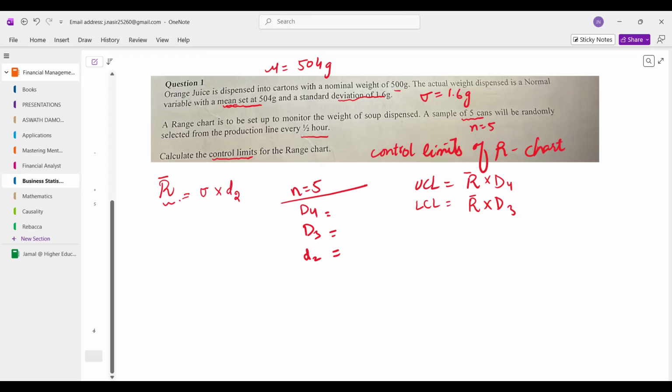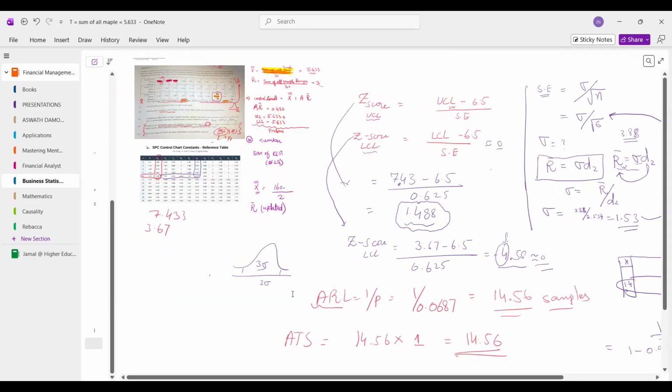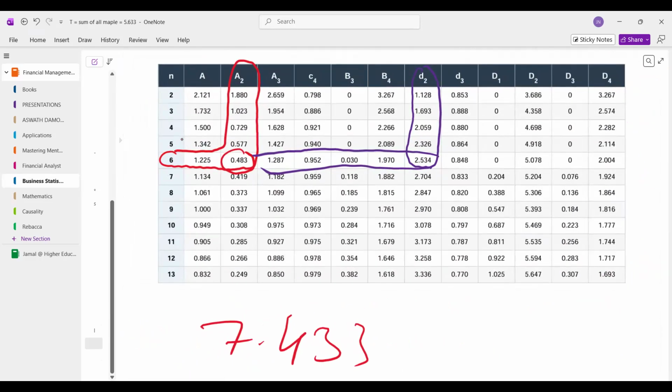Now I can go back to my table. So this is our table and let's see what the values are. I'm looking at the fifth row because my sample size is 5.